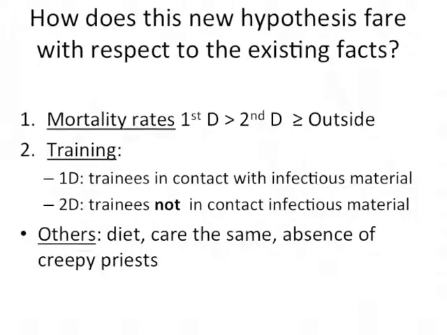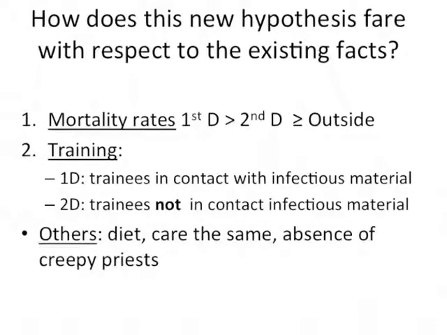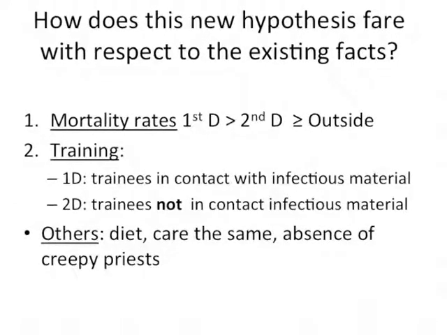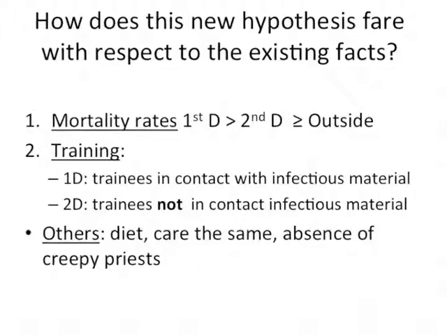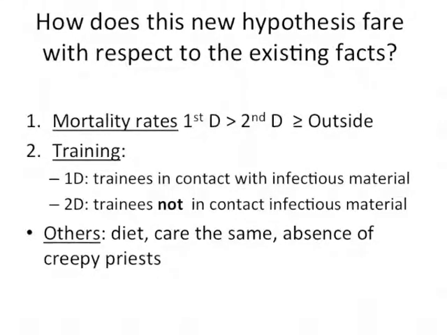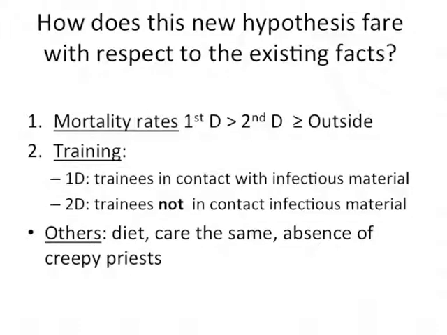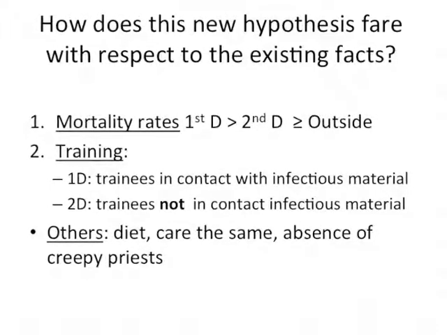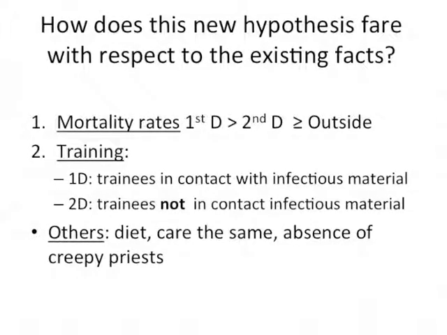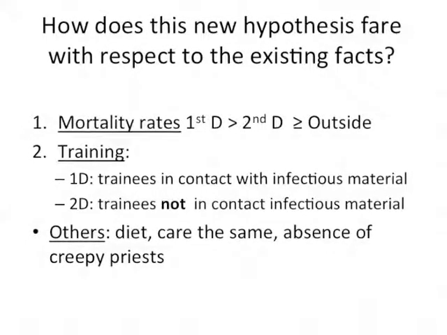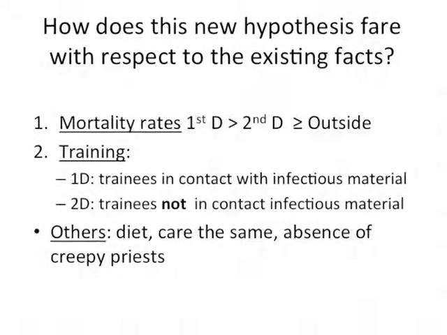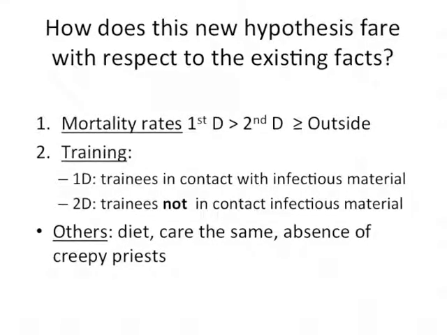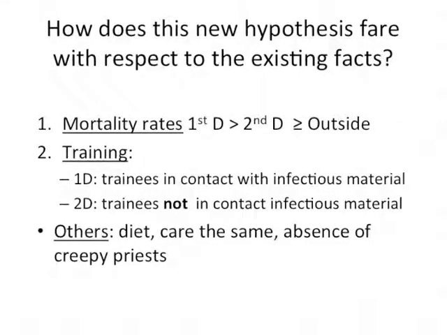Second, in the first division you have medical students who did autopsies, whereas in the second you have midwives who didn't. So in the first, the trainees came in contact with infectious material, whereas in the second they did not. In other respects they were the same: the same diet, the same care, and the absence of priests. If you think about it, Semmelweis' hypothesis seems to tally very well with these facts.